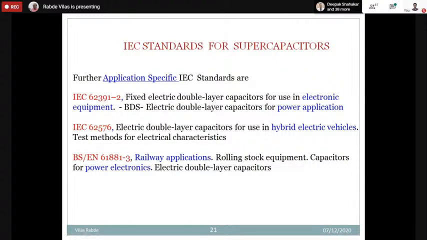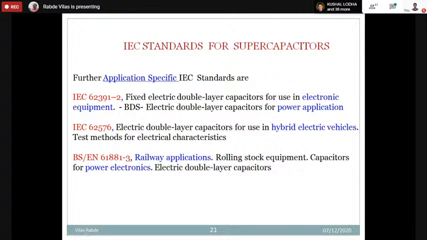So this standard has to be applied if you are working on a hybrid design. And third standard, that is 61881-3, is for railway applications, rolling stock equipment, capacitors for power electronics, electric double layer capacitors. This third application we are going to study a little bit with the animation, which will come further.